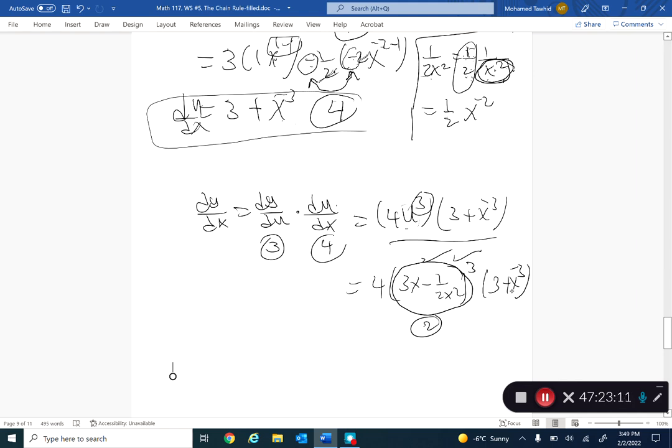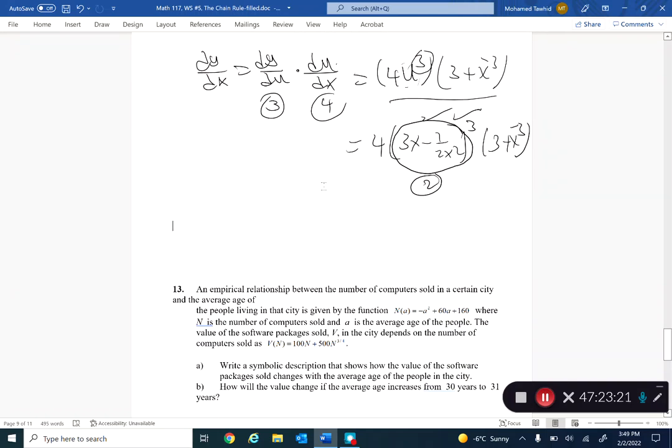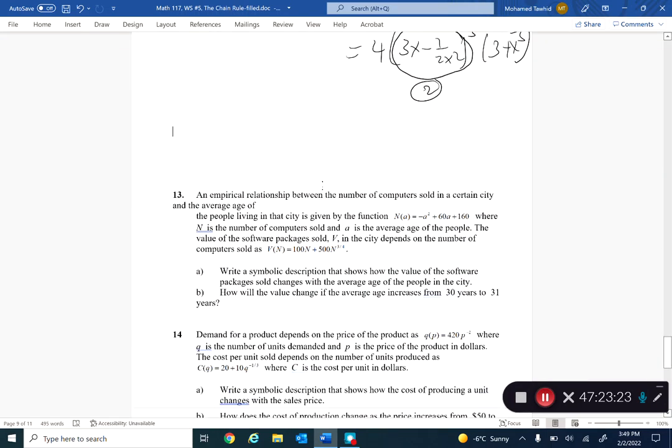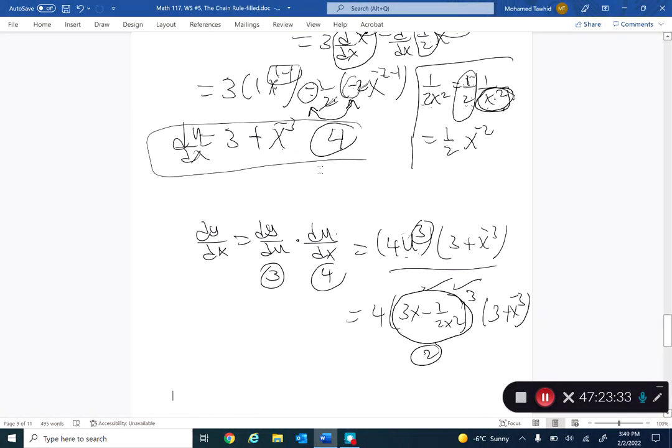If I ask you to find the derivative, you have the freedom to use the product rule or the chain rule. Either way, you will get the same solution at the end. But sometimes we don't have a choice, because the question is very specific and we have to use the product rule or the chain rule.